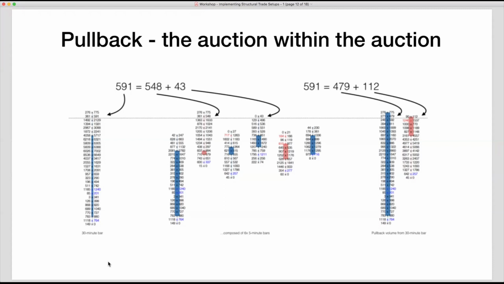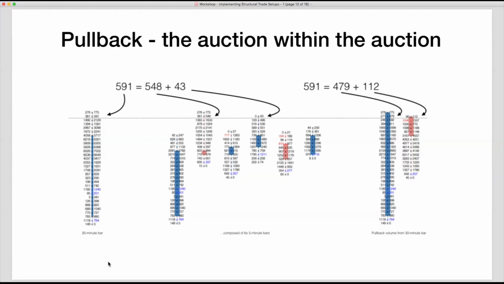Now, the idea of the pullback is that for a given, typically longer term bar, we start tracking the volume as we retrace from the extreme of the bar. So on the right-hand side, we've got our 30-minute candle, then we start building a new candle as we come away from the high.